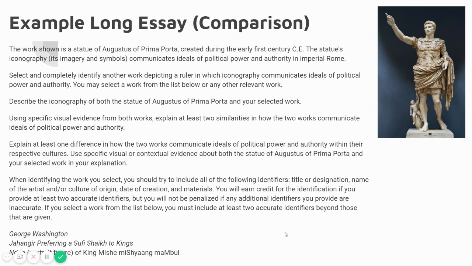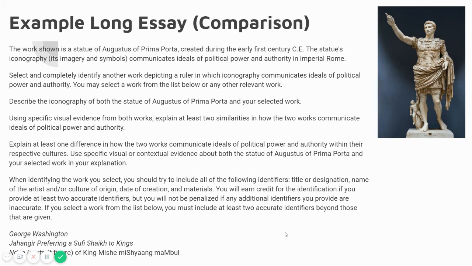It says select and completely identify another work depicting a ruler in which iconography communicates ideals of political power and authority. Then it says you may select from the list below or any other relevant work.